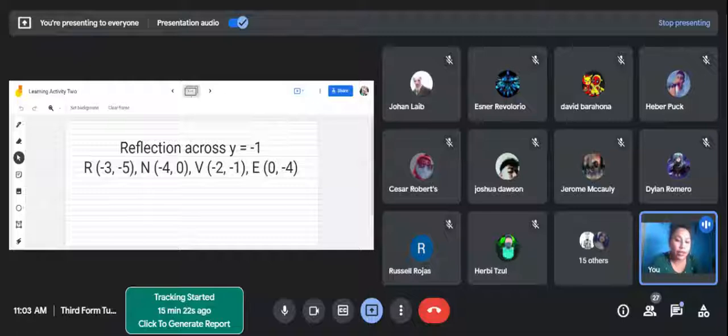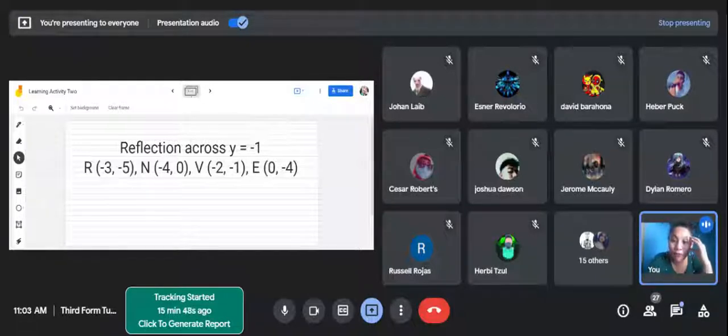So y equals -1 is a reflection across any line. So this one we have to visualize a little bit. There is no clue or hint or shortcut to getting the answer like in the first one. We have to be able to visualize the reflection that is happening here.